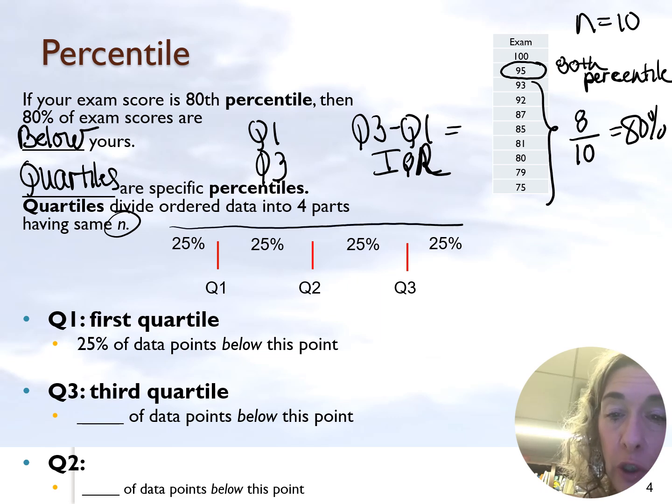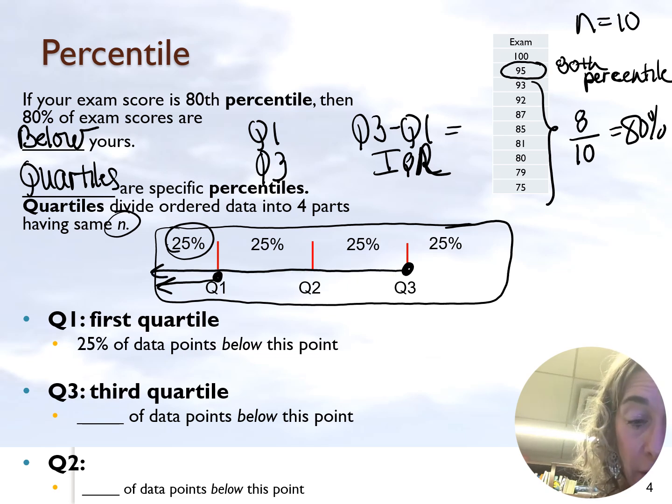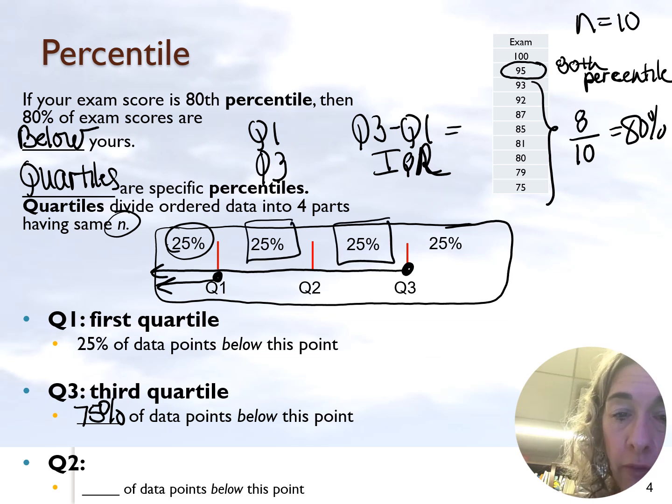So picture here that you have some ordered data. The first quartile, or Q1, is that point in your data such that 25% of the data points are below it. Likewise, Q3, or the third quartile, is the point in your data set such that 75% of the data points are below Q3. 25 plus 25 plus 25 will give you the 75%.